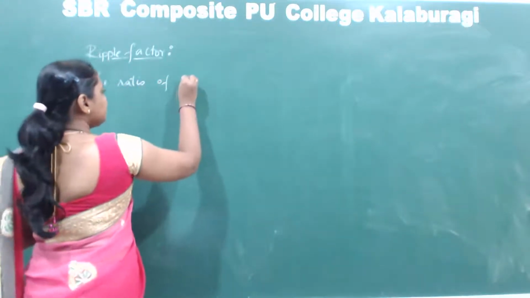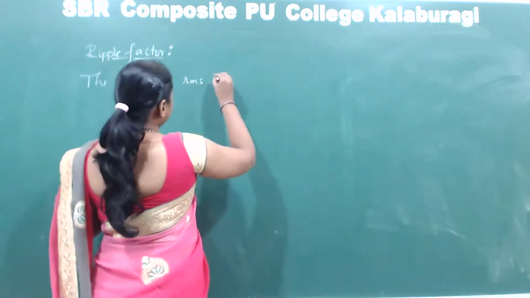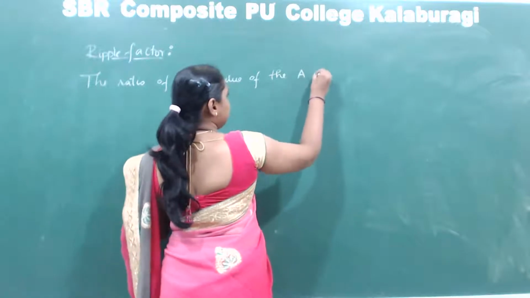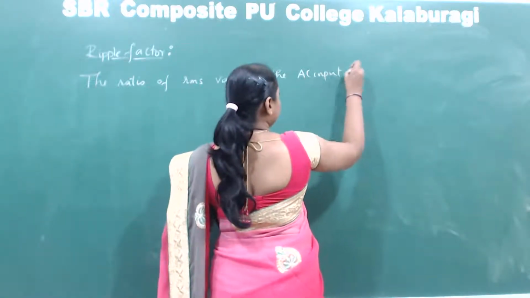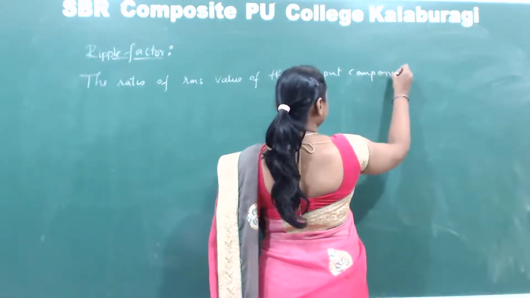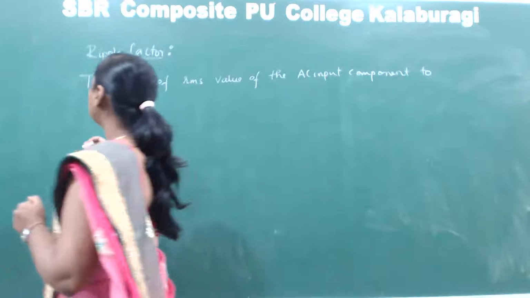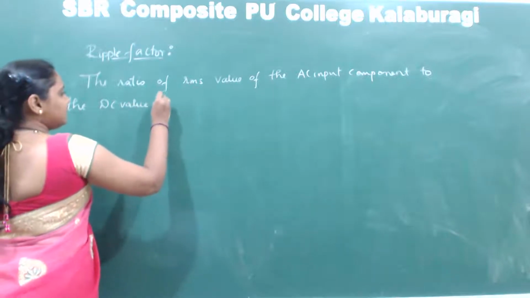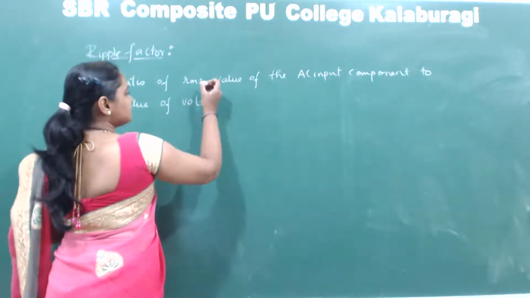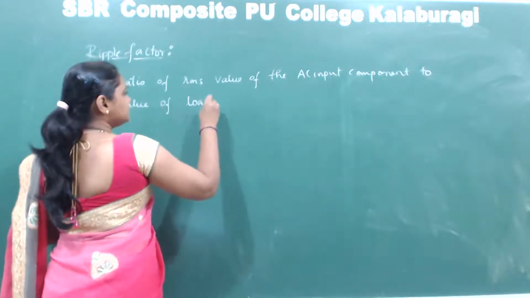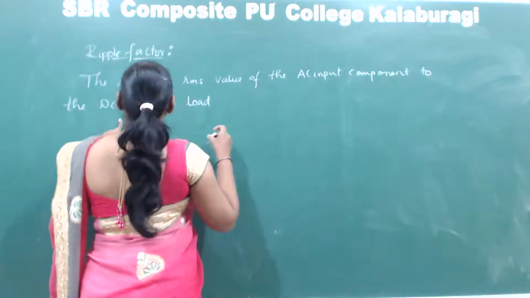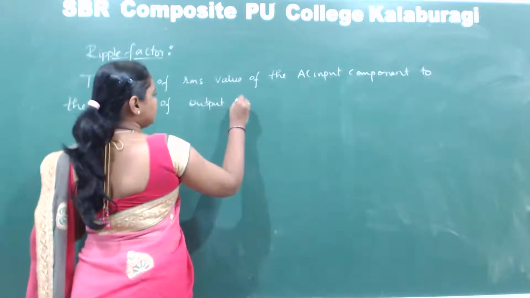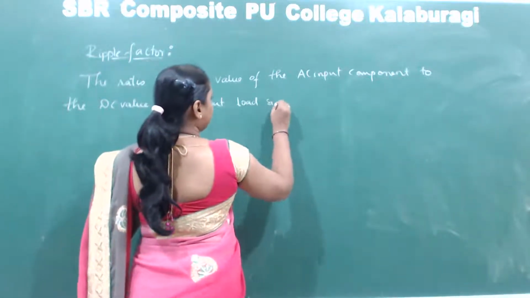ratio of the RMS value of the AC input component, otherwise signal, to the DC value or average value of the load output signal or component.